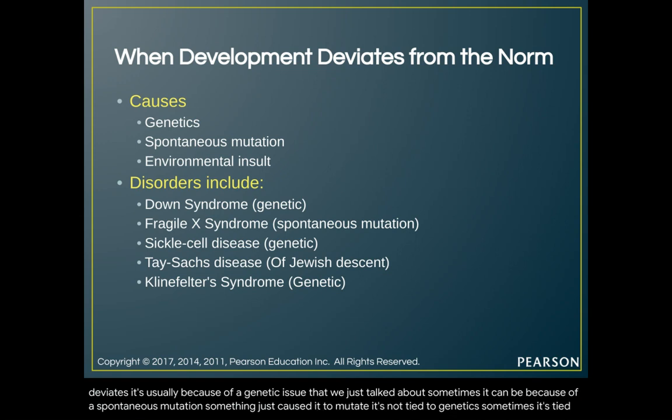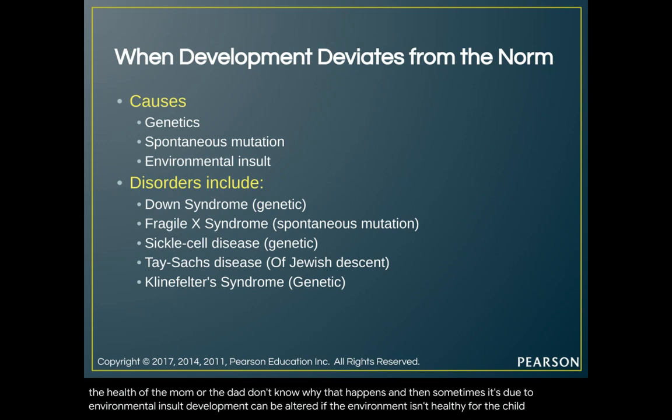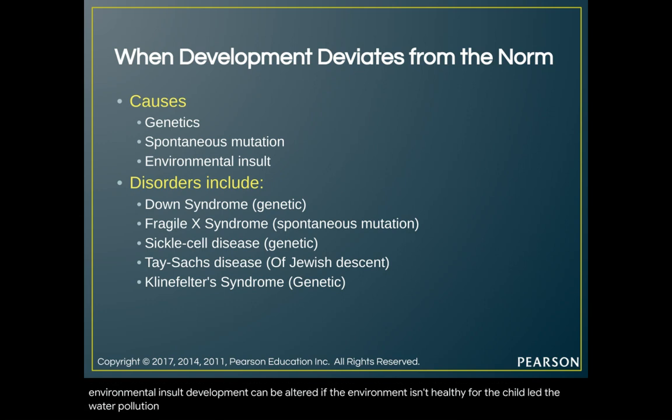Sometimes it's tied to the health of the mom or the dad. It's unknown why that happens. And then sometimes it's due to environmental insult. Development can be altered if the environment isn't healthy for the child. Lead in the water, pollution, all of that can create changes in the fetus.